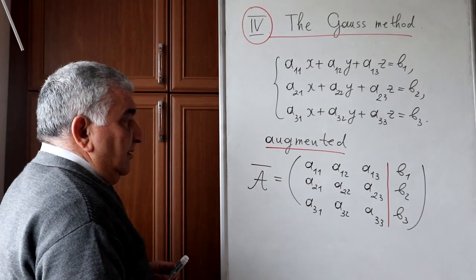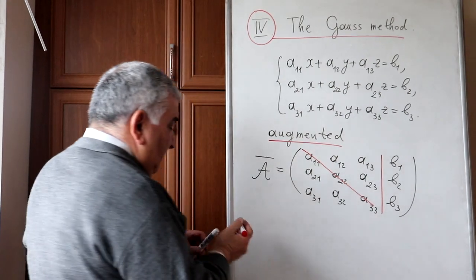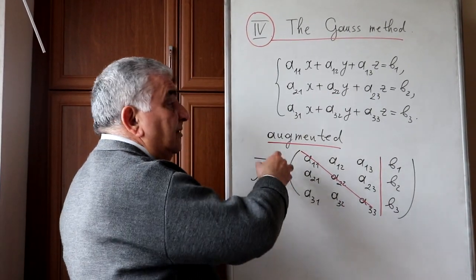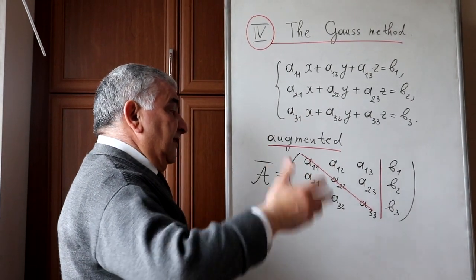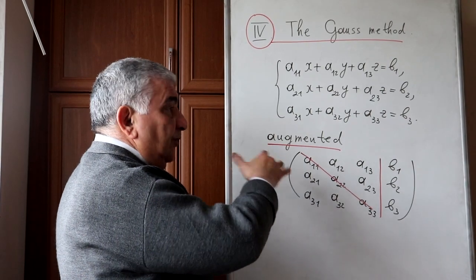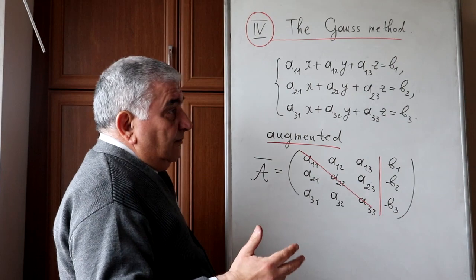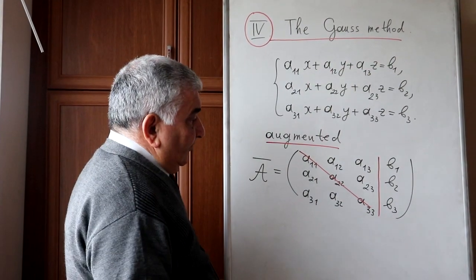At first, mark the main diagonal. It is main diagonal, and we must transform all elements under the main diagonal into zeros. And after transformation of triangular matrix, we must return to the corresponding linear system.